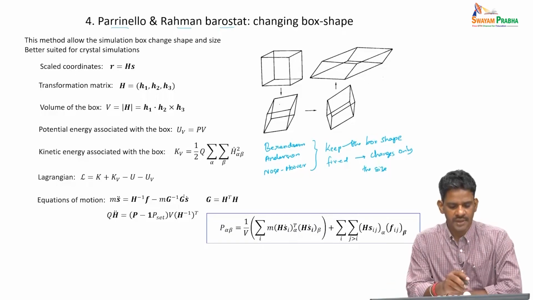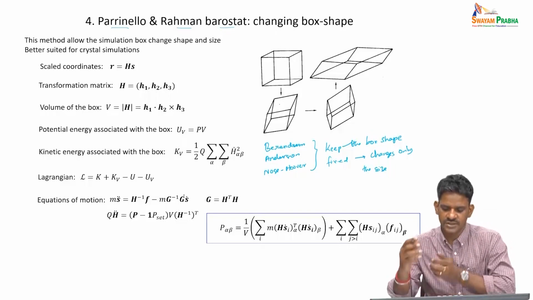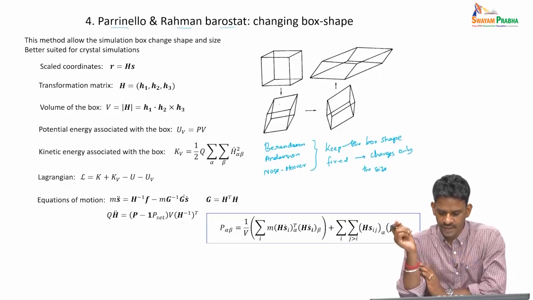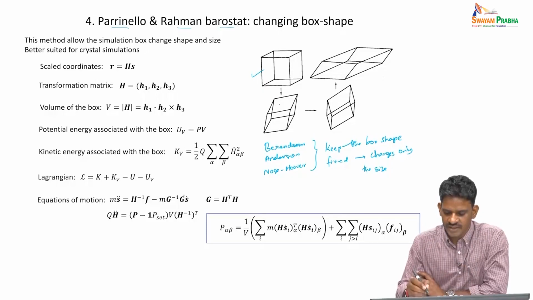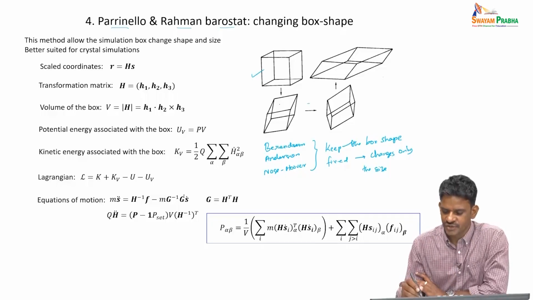But in this Parrinello-Rahman barostat, we have an additional degree of freedom where the box shape can also change. So, it is something known as a changing box method or changing box shape method. And as you can see in this figure, you might start with a cubic box, but then this algorithm will let it evolve depending upon the physical process happening in the system to change its shape in different ways.